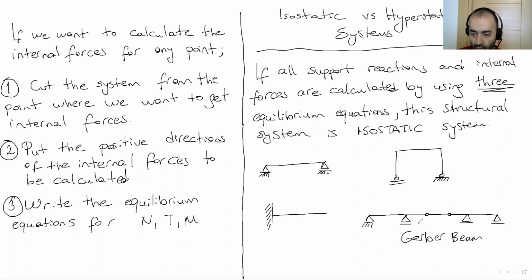It has an internal hinge here. This is a cantilever. Here is a frame system. Here is a simple beam. These are the examples for isostatic systems.